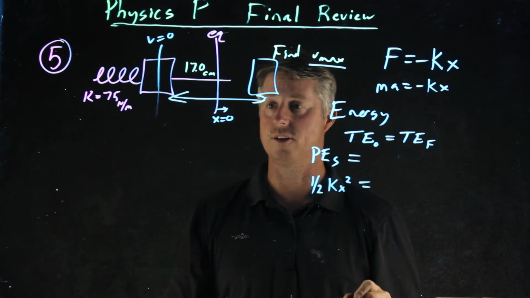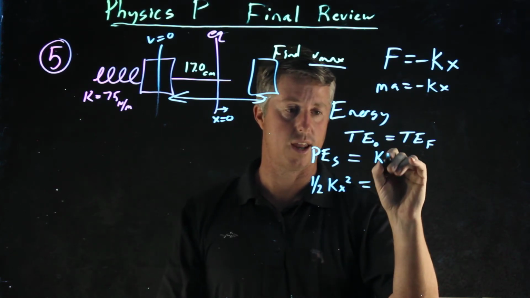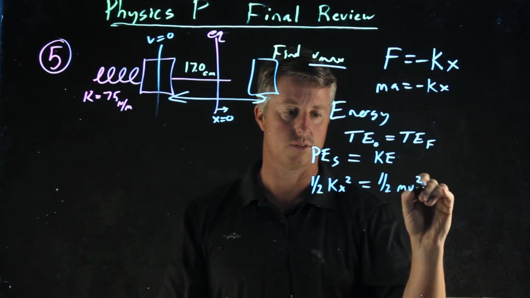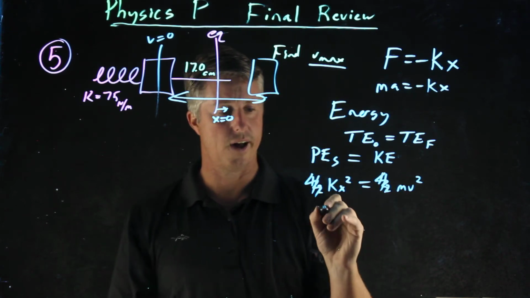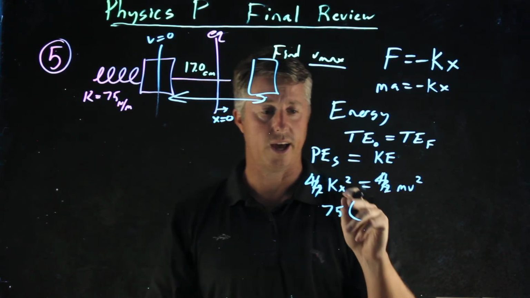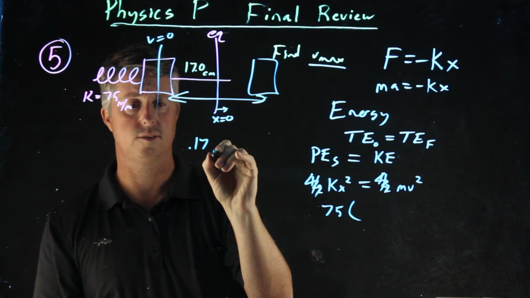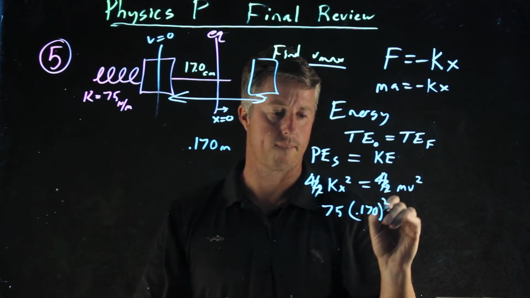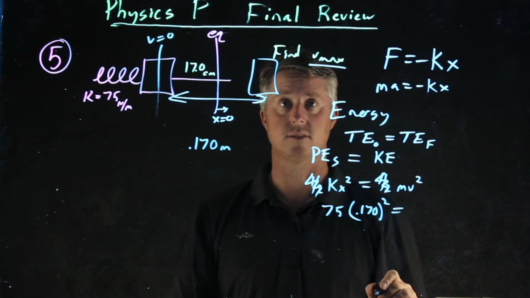So my final then is the only other type of energy, and that is kinetic energy, and that is 1/2 mv squared. So I can get rid of these halves. I know my k value is 75. My x value is 17 centimeters or 0.170 meters. And this is equal to the mass.